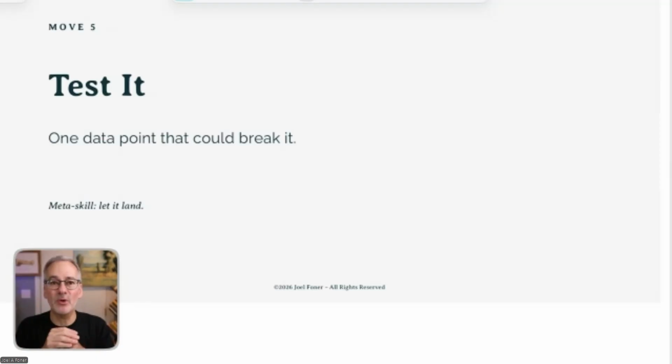What's a way I could throw a wrench in this, even if it's only partly legitimate? Sometimes the biggest cool surprises I've gotten back are when I've done that. Because then the system will churn an analysis of, okay, what does it think of this kind of quasi-claim? And it'll notice something that I hadn't noticed about the previous stuff. So, what's a data point that could break it? Let the AI system sort it out.